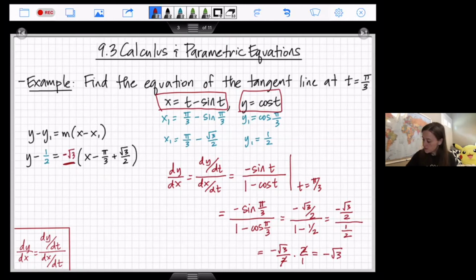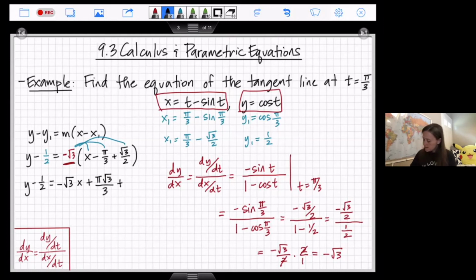Now I'm going to distribute that negative root 3 through that set of parentheses. So I've got y minus 1/2 equals negative root 3 x. Distribute the negative root 3 to negative pi over 3. We're using all of the math symbols in one problem. So I've got root 3 times pi, which I'm going to write as pi root 3 on top, and then the 3 on the bottom.